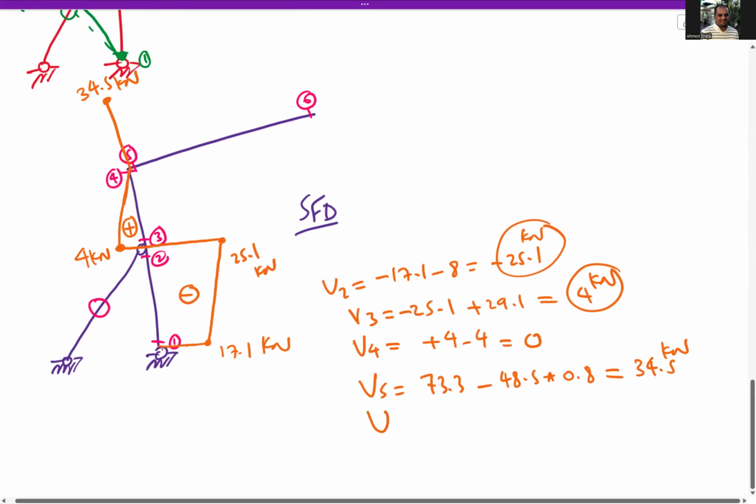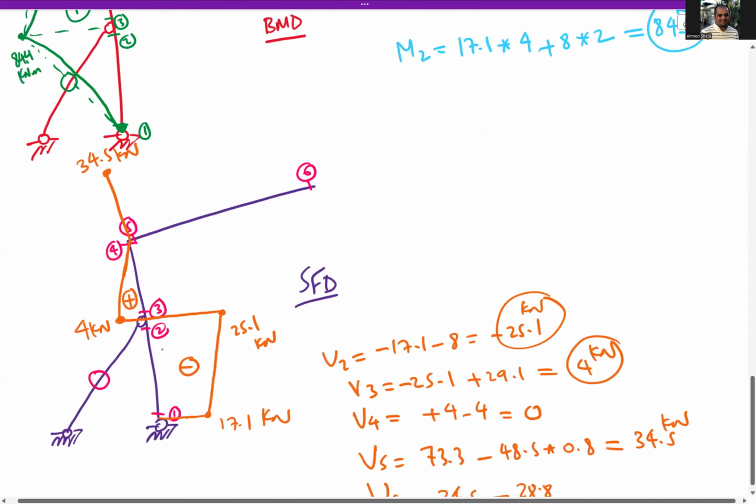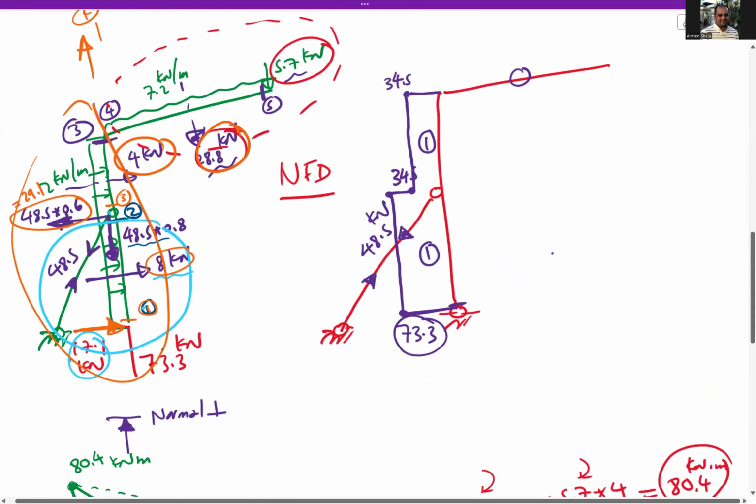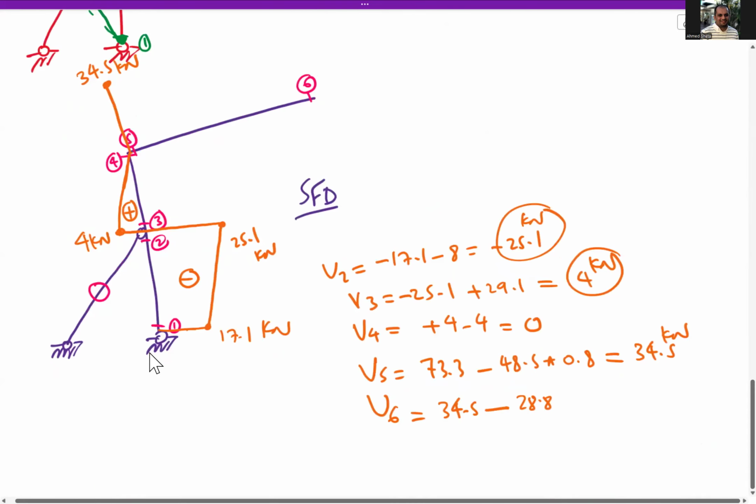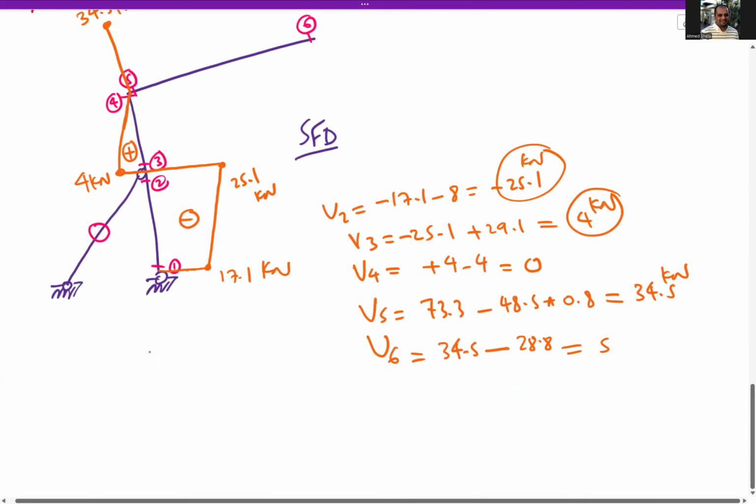Then V6 will be 34.5 minus 28.8, which is the uniform load here. So from section 5 to section 6, we have 28.8 negative. So this will reach 5.7 kilonewton.